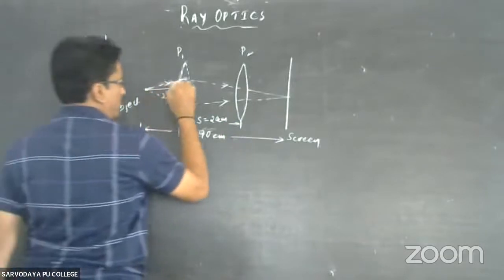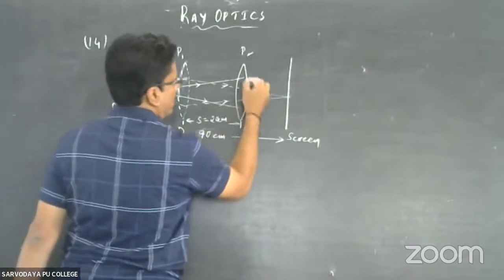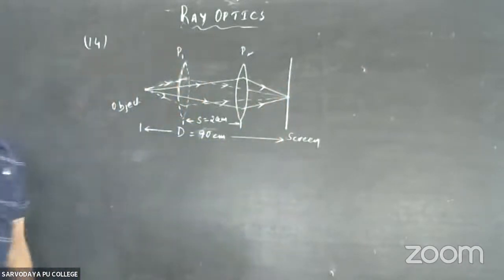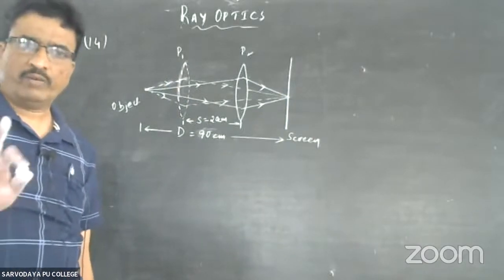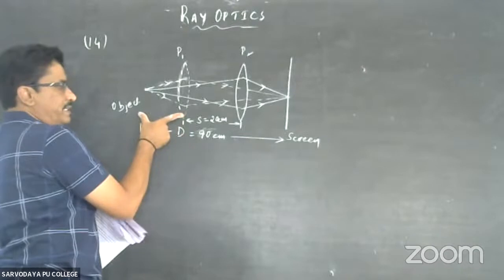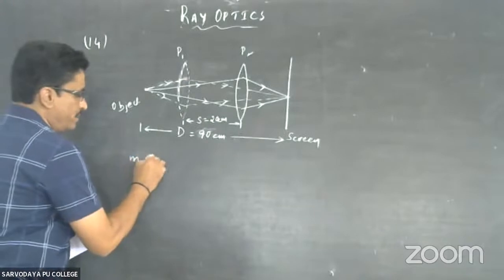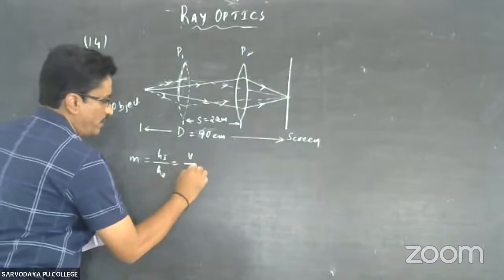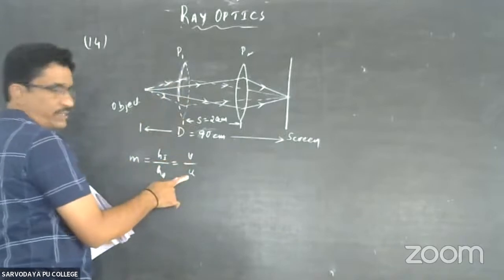This is basically the diagram. But one point you have to remember. For the first position, object distance is less, image distance is more. Magnification is hi by h0, equal to v by u. In the first position, v is more, u is less.